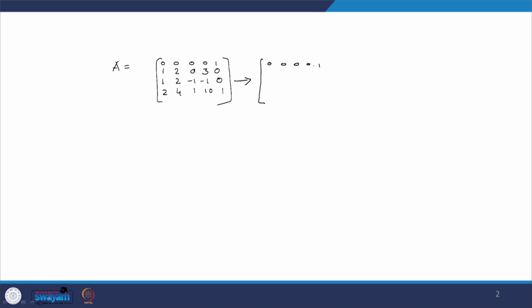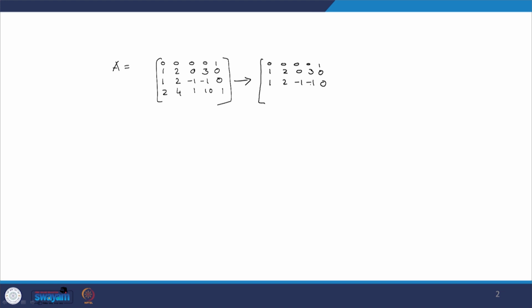However, I have to make all other entries of the fifth column, which contains the leading entry of the first non-zero row, 0. So, for that I proceed like this. The first row I keep as it is, then the second row is 1, 2, 0, 3, 0, then 1, 2, minus 1, 0.